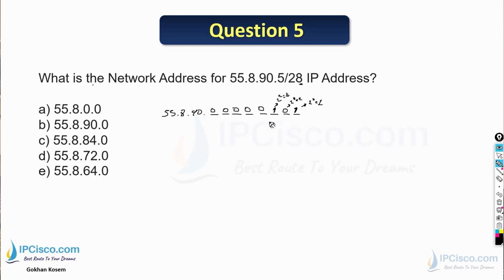So this is our CIDR value, and this means that we have 4 host bits. And these are network parts. And here it is asking for the network address. So in a network address, all these host parts are 0.